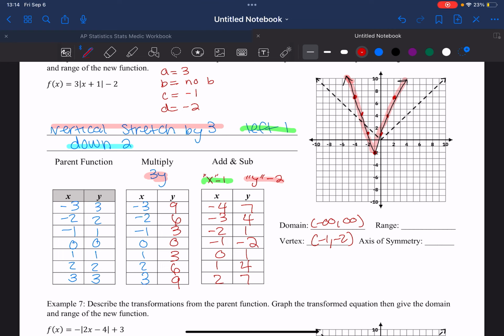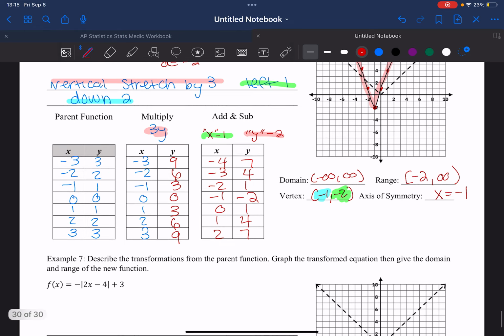Our range, since it's opening up, we are going to borrow the y value from our vertex. So it's going to be bracket -2 to infinity. That's because it's going up. And then for our AOS, our axis of symmetry, we're going to borrow the x value from our vertex, and we're going to write x equals -1.